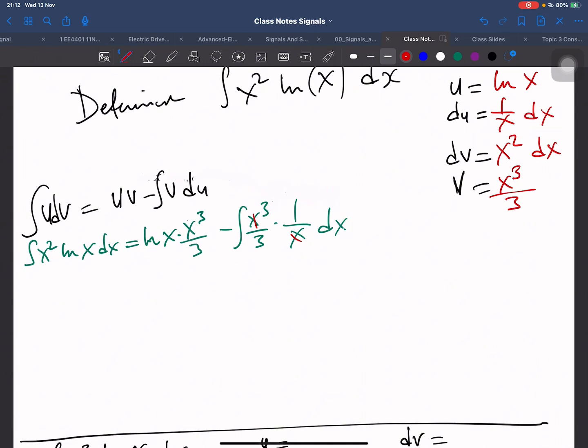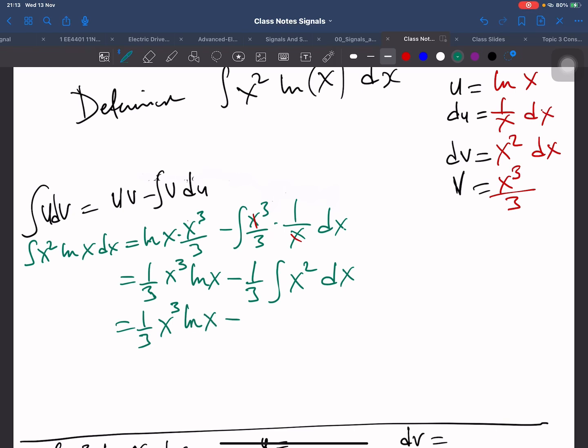We now have to rearrange the equation again and see where it leads us, which is equal to 1 over 3 x cubed ln x minus the integral of, before the integral I need to bring out this constant, 1 over 3, the integral of now x squared dx, because this x will cancel one x.